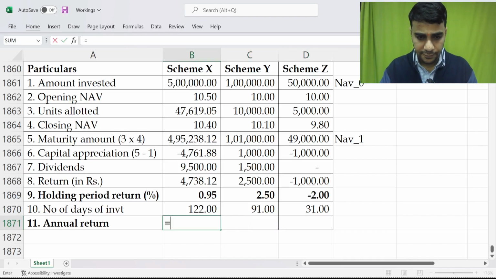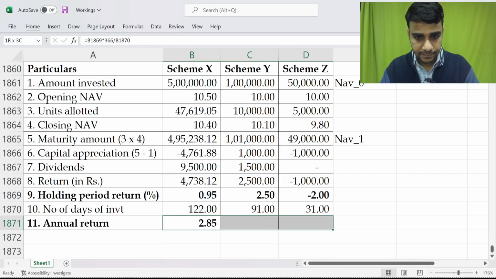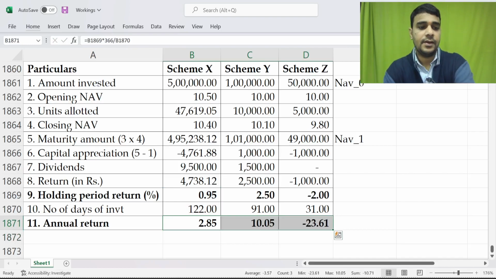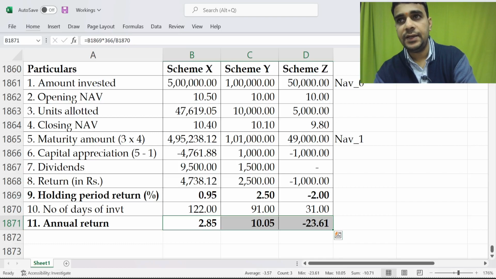So 0.95 into 366 by number of days. My assumption is that the opening investment happened at the beginning of the day, so opening day and closing day both are considered.